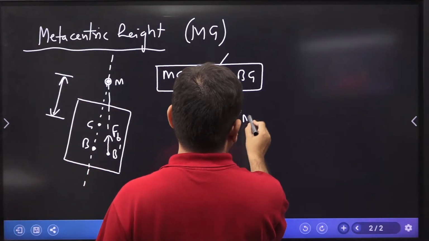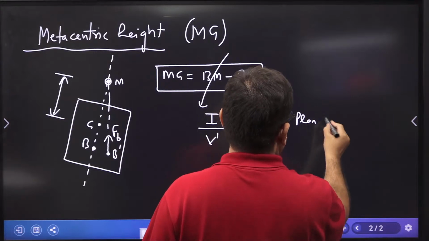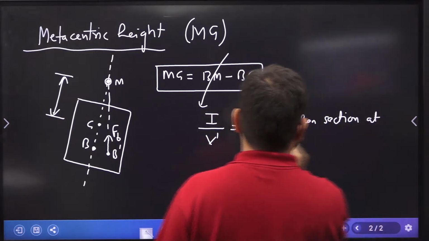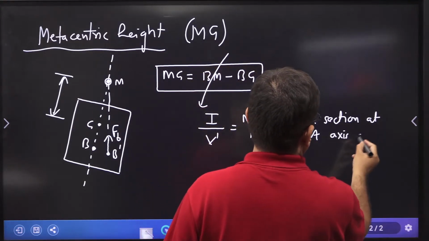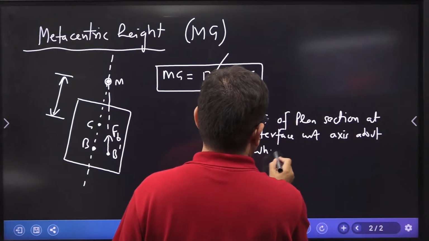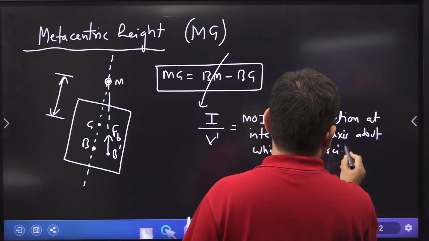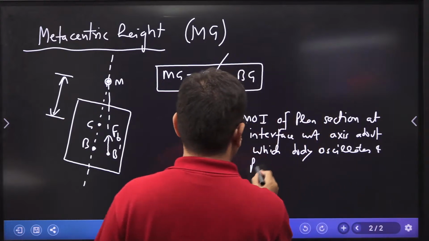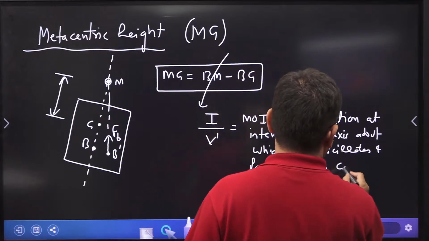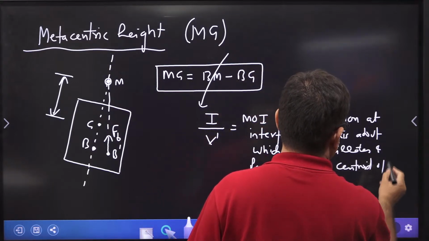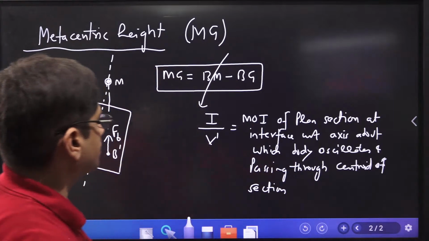I is the moment of inertia of the plan section at the interface with respect to the axis about which the body oscillates and passing through the centroid of this section. So try to understand what is this I.